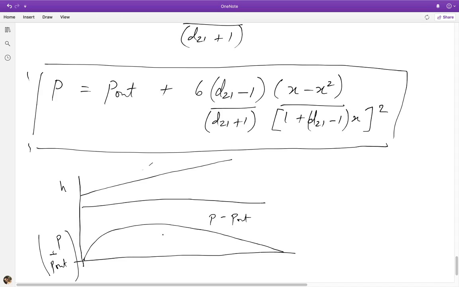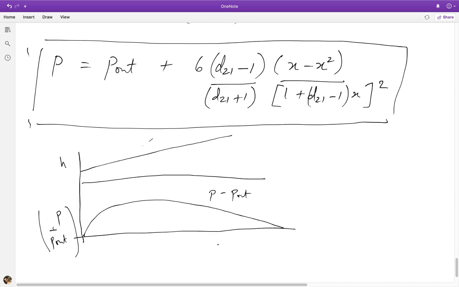Right. So this is what the pressure difference P minus P out is going to look like, and it's going to be positive throughout. So what you see here is that in the thin gap region between the slider block and the moving plate, a positive overpressure develops, and that positive overpressure actually pushes the block away and supports it above the flat plate.